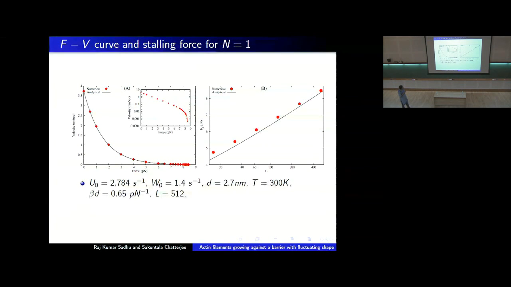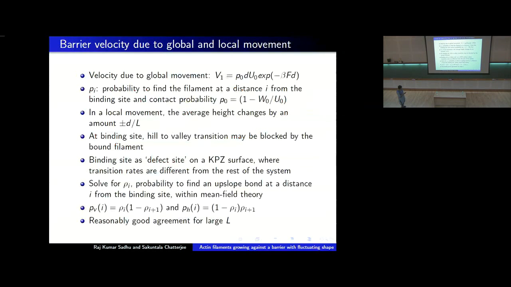These continuous lines are from our analytical calculation. To calculate it analytically, first notice that there are two components of motion. One is the global movement. To calculate the velocity due to global movement, what you need to know is the contact probability, that is, the probability that the filament is actually touching the barrier. That is quite easy to calculate.